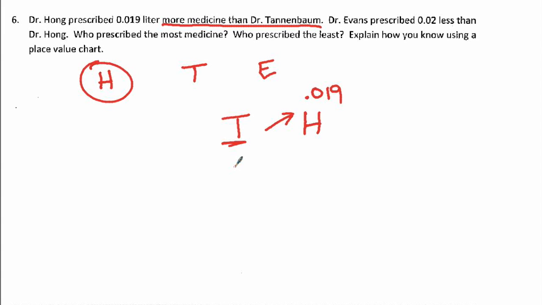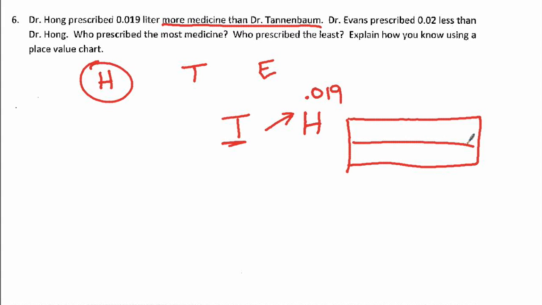It says to use a place value chart. You think we should use a place value chart on this? To see who prescribed the least amount? So if I were to make a little chart, and I'm just going to use Dr. Evans and Dr. Tannenbaum, kind of like what you did a little bit ago, remember?